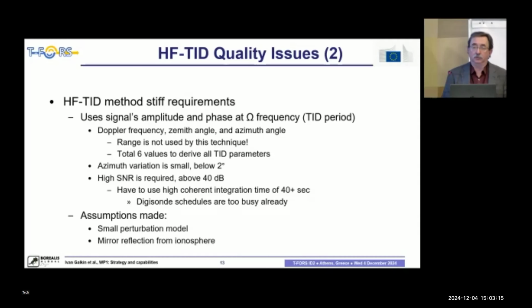We need to get 40 dB signal to noise in order to avoid noise problems. That's why our D2D programs are running just one frequency with a coherent integration time of 40 seconds, in order to get that signal to noise ratio right.